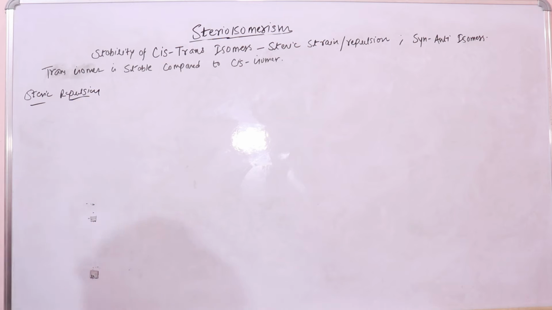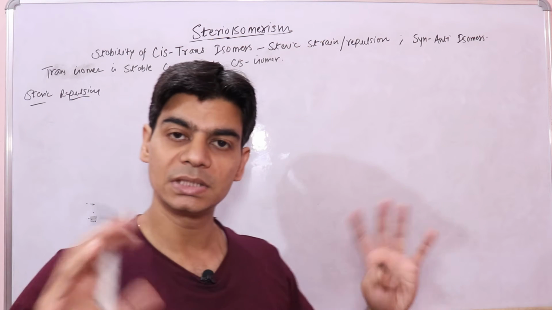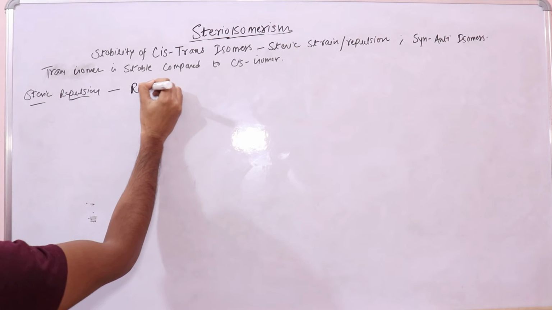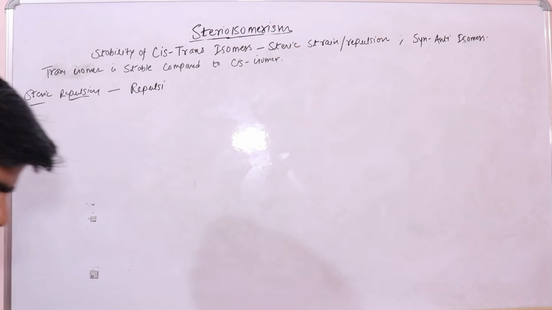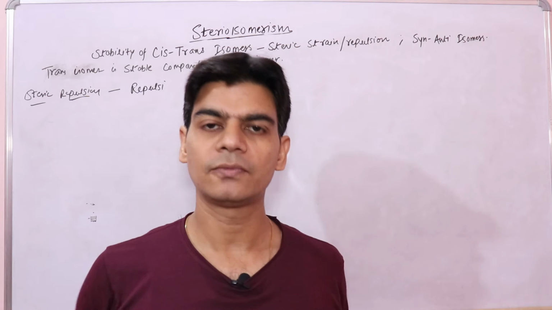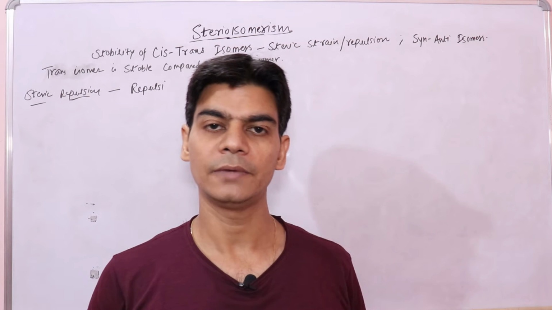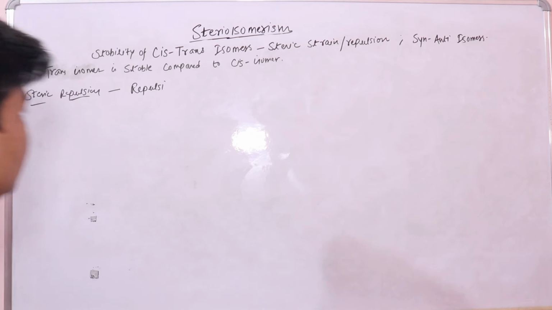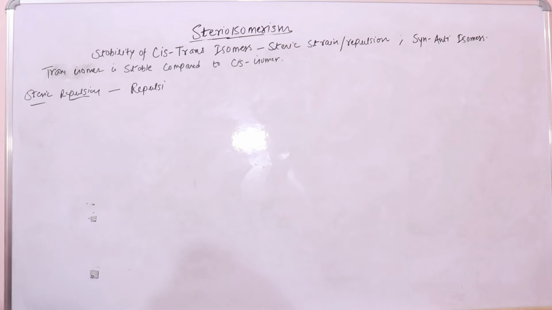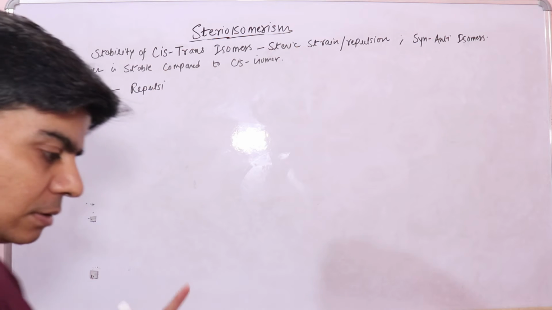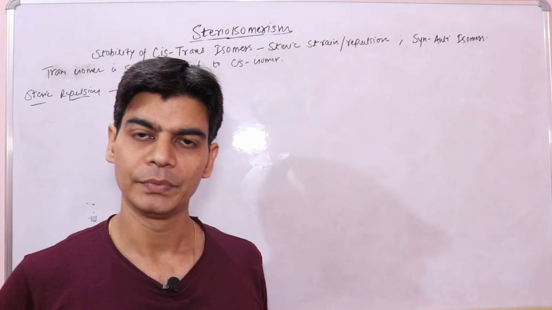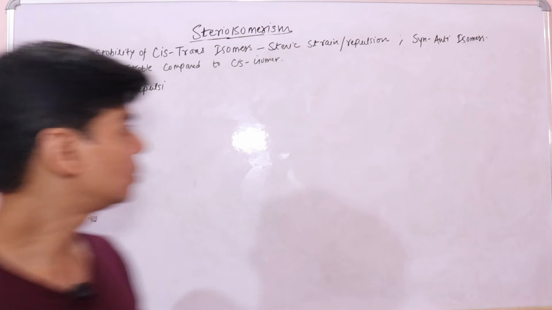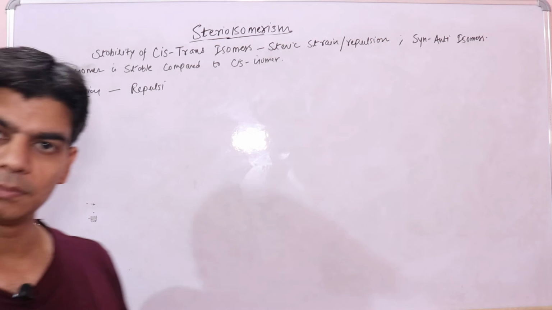Steric repulsion means repulsion between atoms or groups in space, and we know from chemical bonding that repulsive forces give rise to destabilization. Repulsive forces make a molecule unstable. Similarly, in cis-trans isomers, the trans isomer is stable compared to the cis isomer because of steric repulsion.